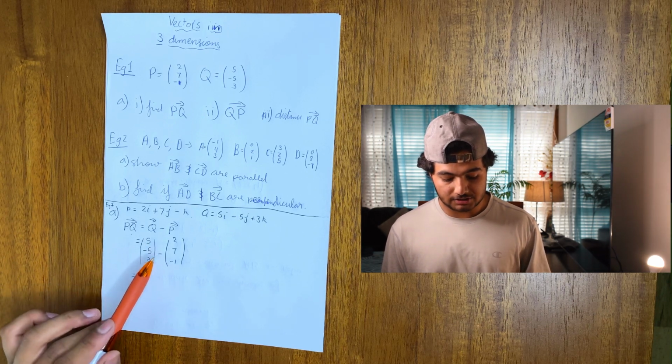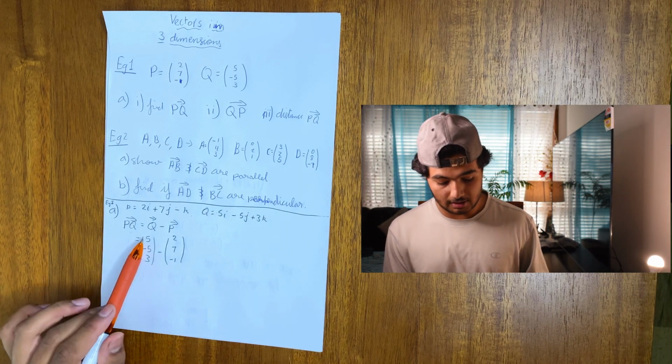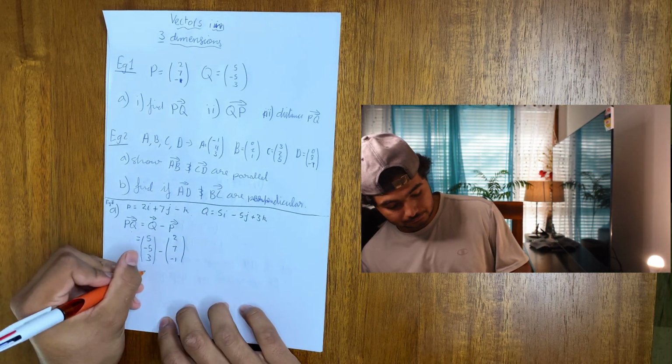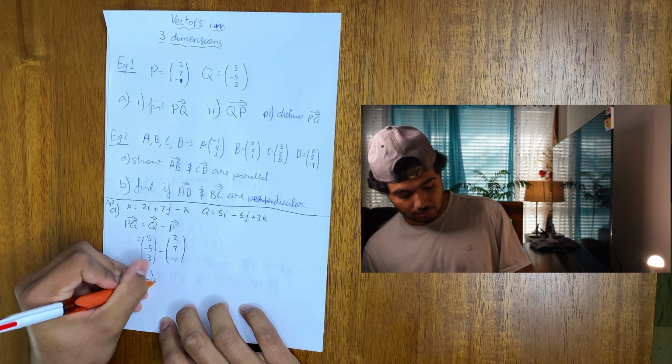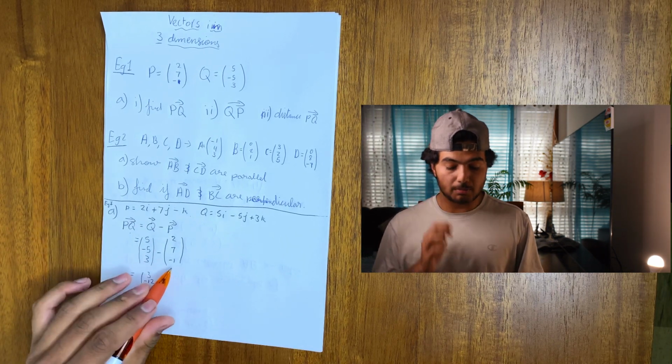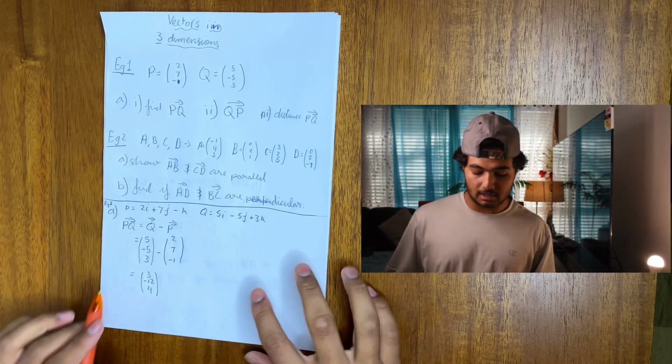First step, we subtract to separate the x's, the y's, and the z's together. So 5 minus 2 gives me 3. -5 minus 7 gives me -12. 3 minus -1 is just 3 plus 1, which is 4. That is the vector PQ.